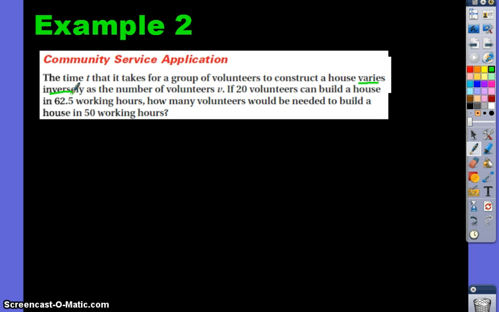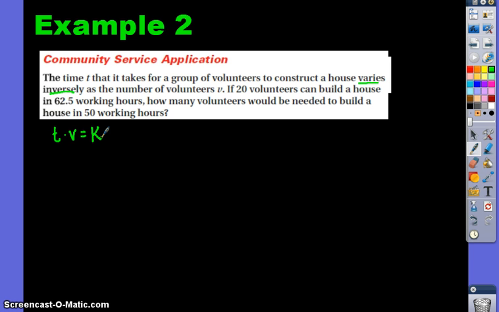All right, so we know that time times volunteers will give us our constant. We know that if we have 20 volunteers building a house and it takes 62.5 hours, how many volunteers would be needed to build a house in 50 hours?